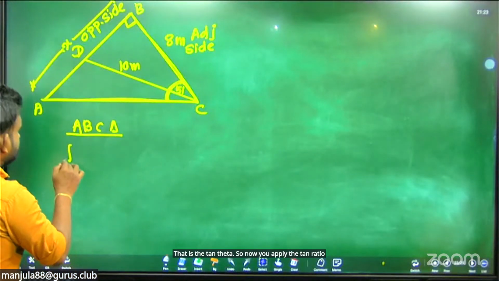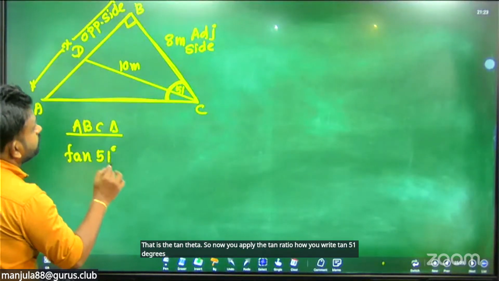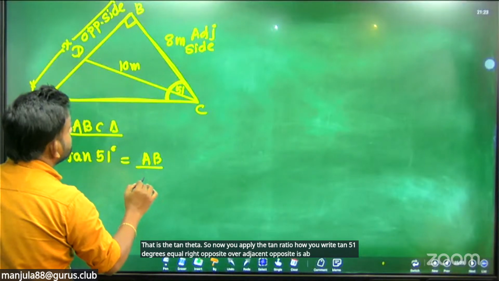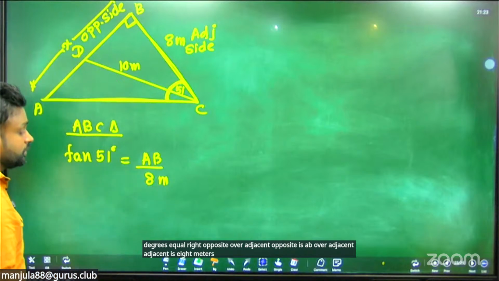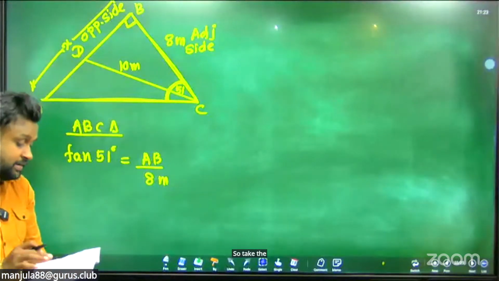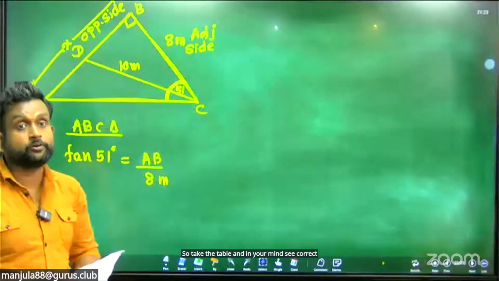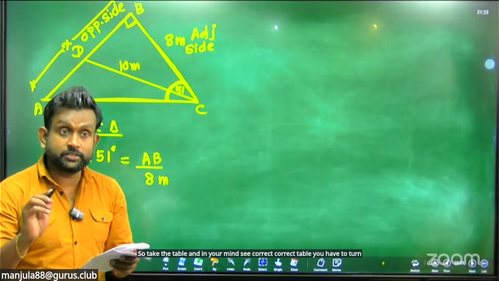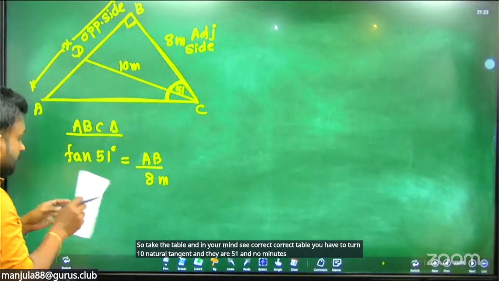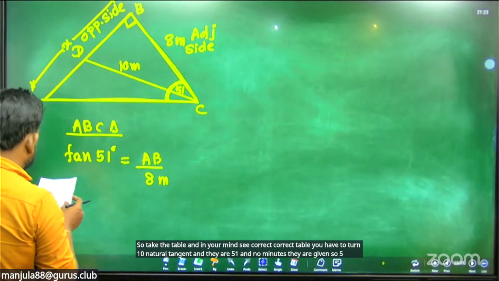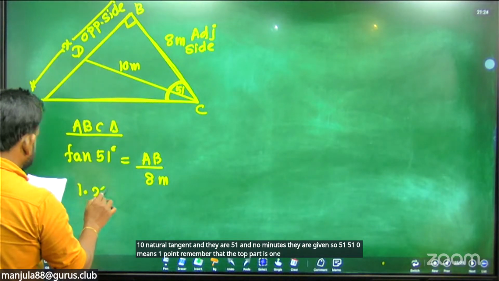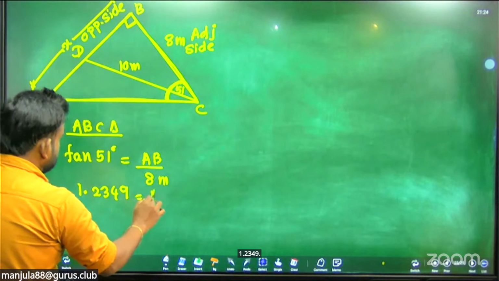You write tan 51 degrees equals opposite over adjacent. Opposite is AB over adjacent, which is 8 meters. Now you look up tan 51 in the table. Take the natural tangent table, with 51 and no minutes given, so just 51 degrees. 51 0 means 1.2349, equals AB upon 8.